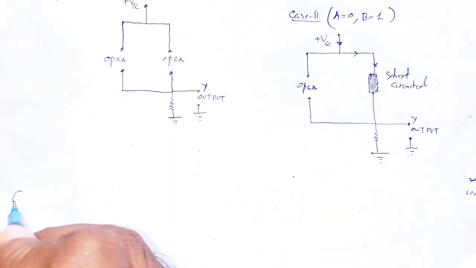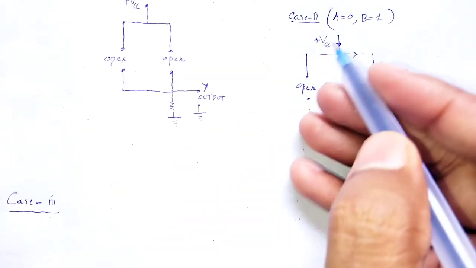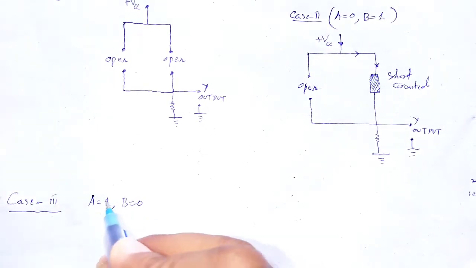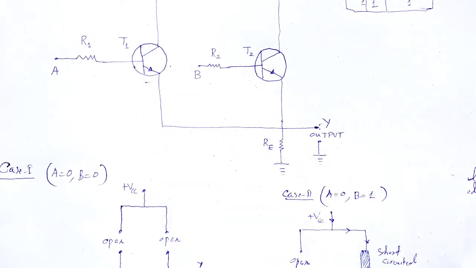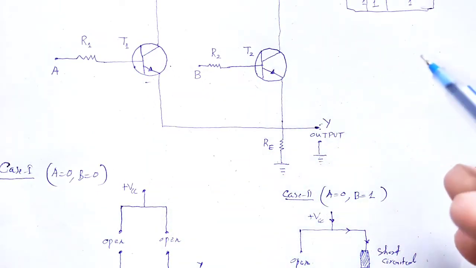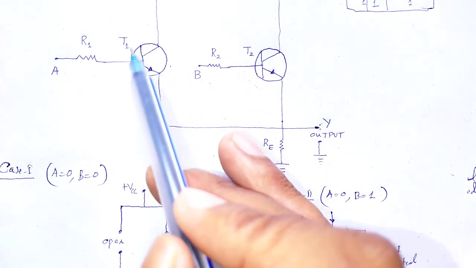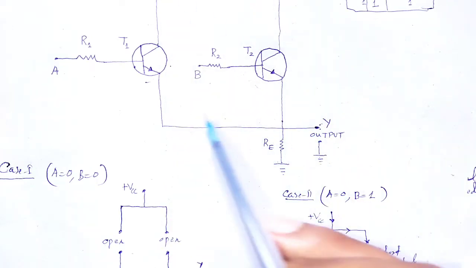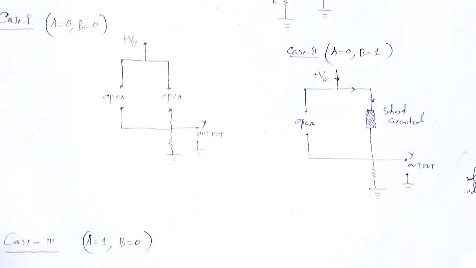Case number 3, just the opposite, as A is equal to 1 and B is equal to 0. Same situation: when A is equal to 1, transistor 1 is short circuited and transistor 2 is just like an open switch, and due to transistor 1 the circuit is completed, and at the output section we have high or 1.